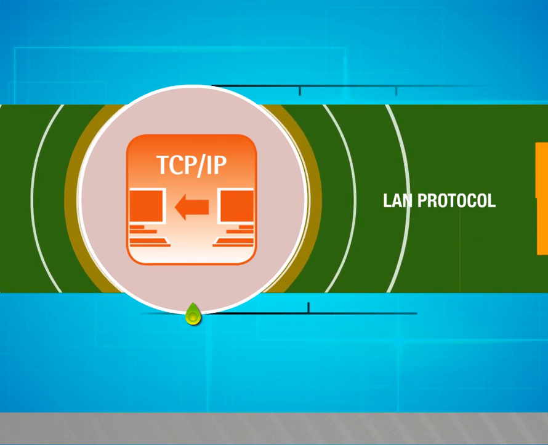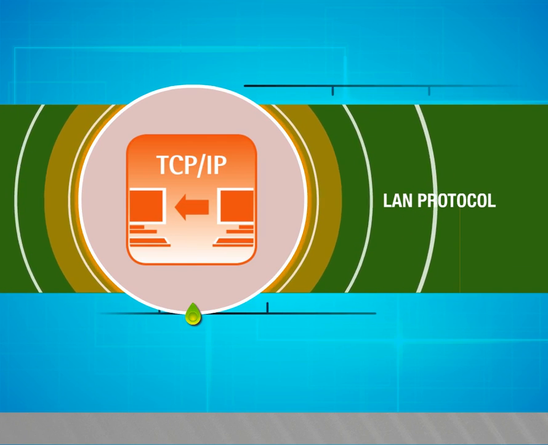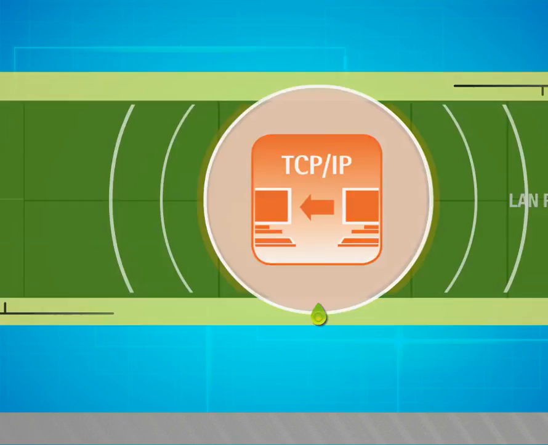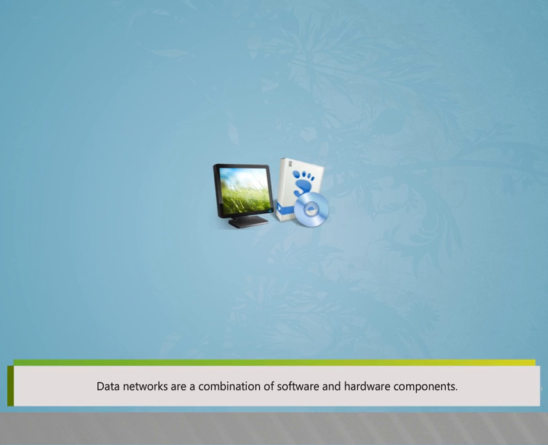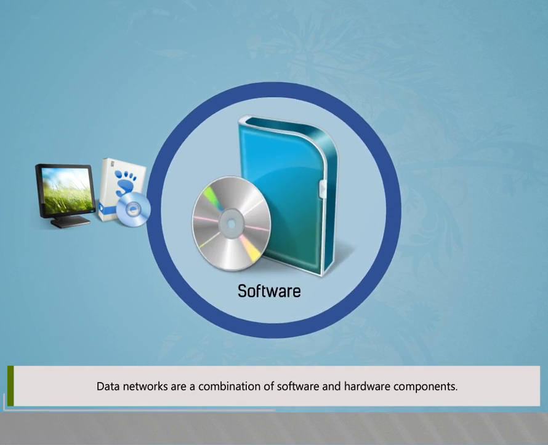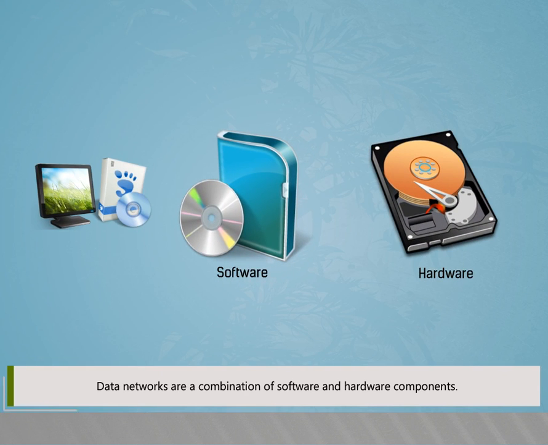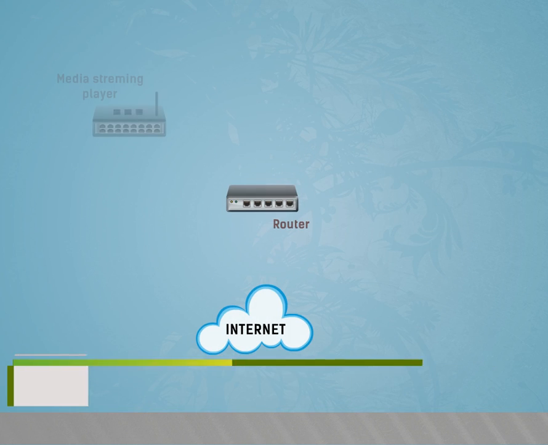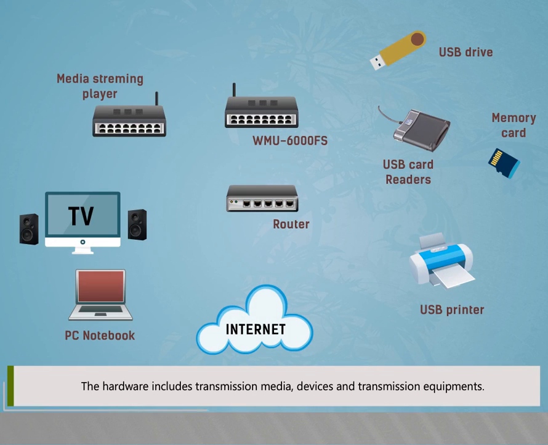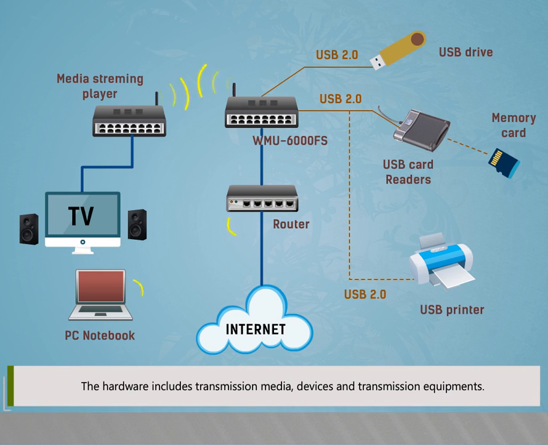LAN protocol. In this video, we are going to see about LAN protocol. Data networks are a combination of software and hardware components. The hardware includes transmission media, devices, and transmission equipments.